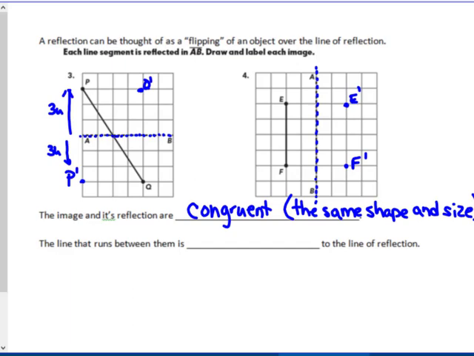The line that runs between them is equidistant to the line of reflection. So 2 units away, 2 units away, 2 units away, 2 units away. Again, the line of reflection was this original AB.